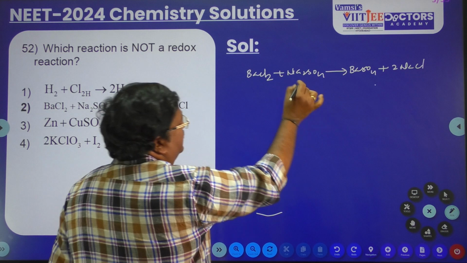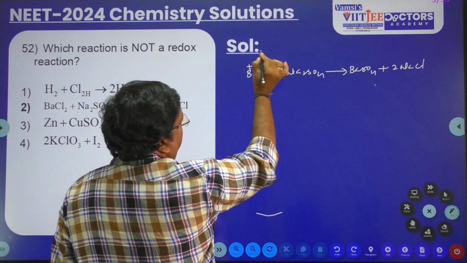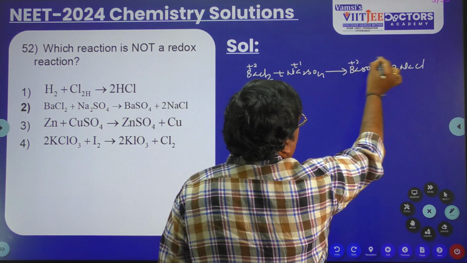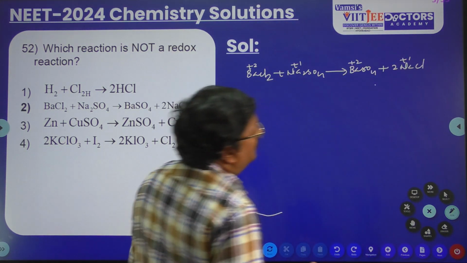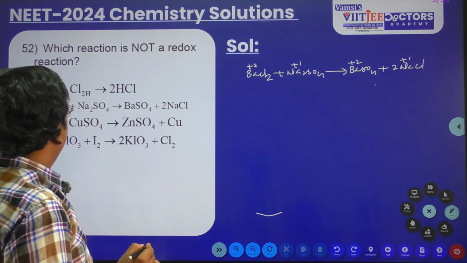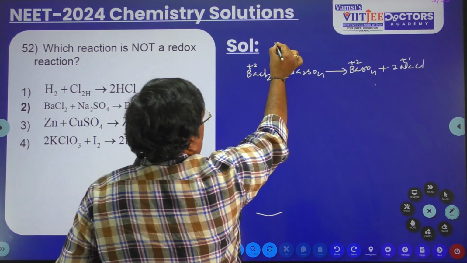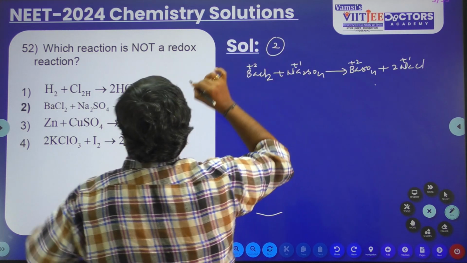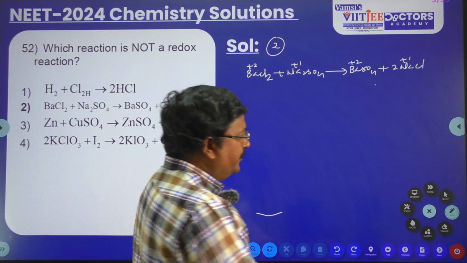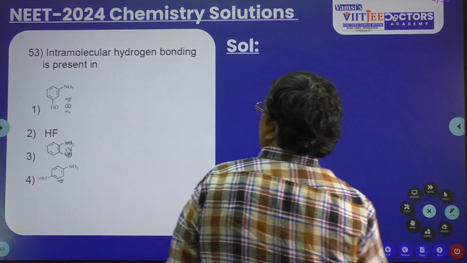If you take the oxidation states, here plus 2, here plus 1, here also plus 2, plus 1. There is no change in the oxidation state. Thus, what is not a redox reaction is the second option. For question 52, the second option is correct. So next question, 53.